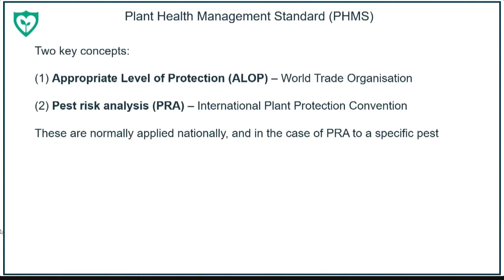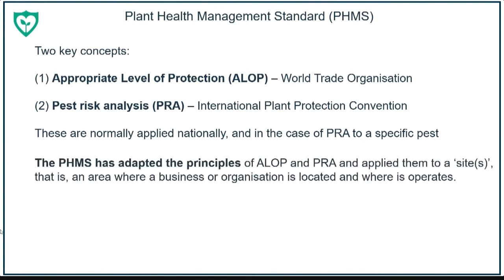Integral to the Plant Health Management Standard are two key concepts. The first is the World Trade Organization's appropriate level of protection. The second is the International Plant Protection Convention's pest risk analysis. These concepts are normally applied at the national or regional level, and in the case of pest risk analysis, to a specific pest.